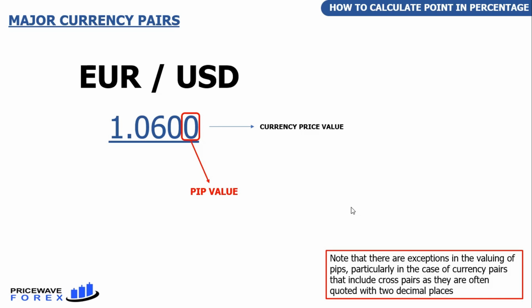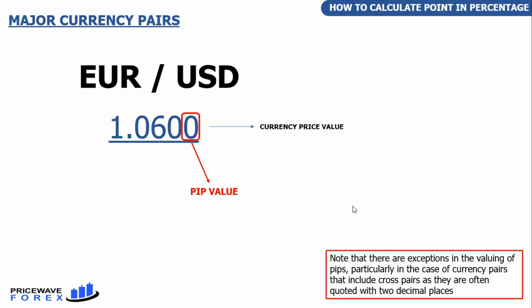But looking at the major currency pairs, we are faced with four decimal places. The moment you see that your currency, be it major or whatever you are trading, has four decimal places, just take note that the fourth decimal is your one pip value.